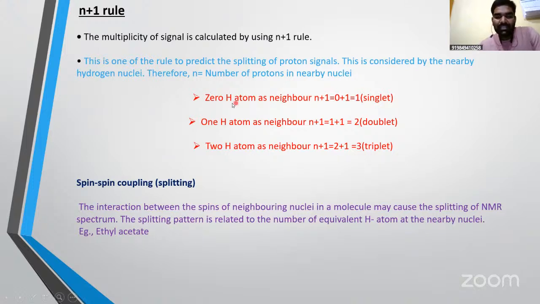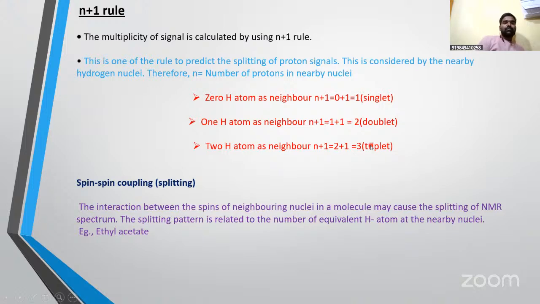With one hydrogen, n plus 1 is 1 plus 1, a doublet. With two protons in the nearby nuclei, n plus 1 is 2 plus 1, a triplet. So zero hydrogen gives a singlet, one hydrogen a doublet, and two hydrogen atoms a triplet.